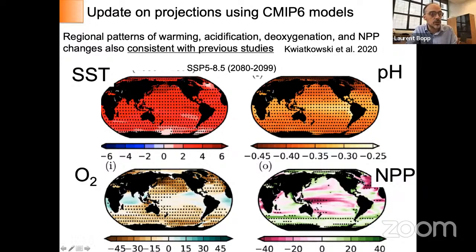They do agree in the North Atlantic. They all project a decrease of NPP, and they partly agree also in the Southern Ocean with an increase in NPP in that specific region. So you see that even with the latest generation of models, the models are different, and the projections are also very different with lots of uncertainties.